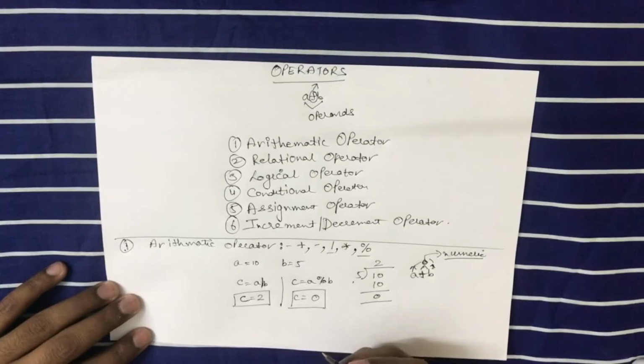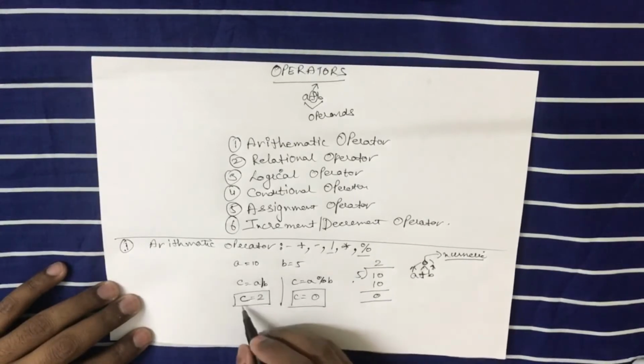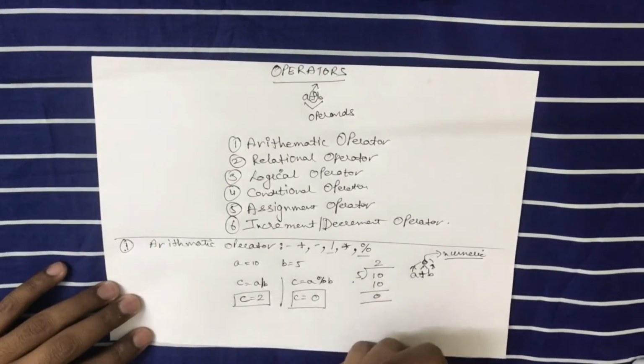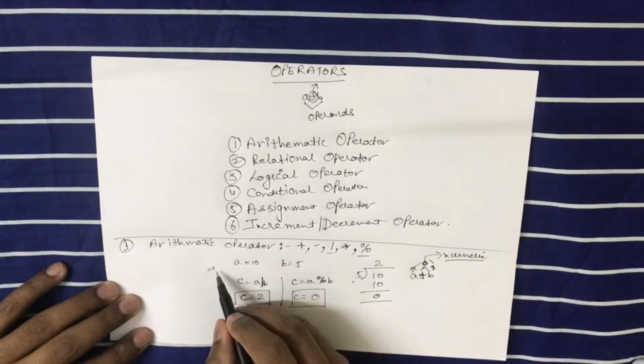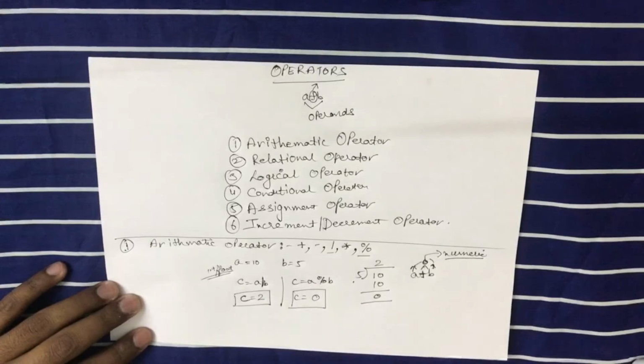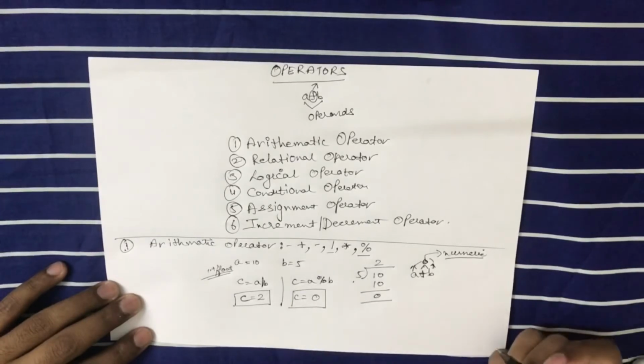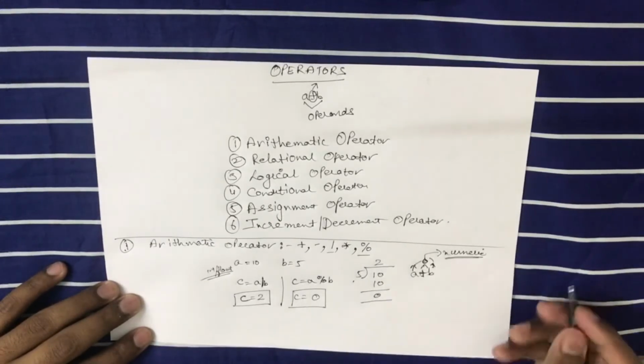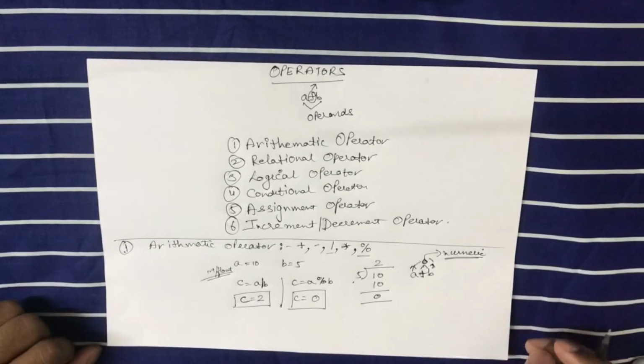Say if I'm storing this output in c, then my c variable should have a type of int or float. So in this category, all the operators return a value of type numeric.